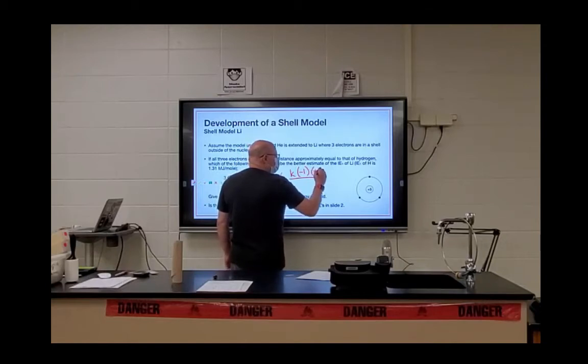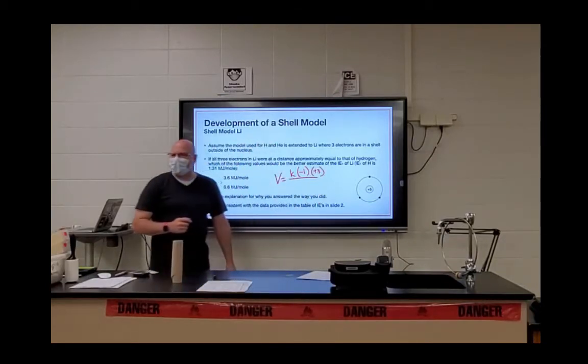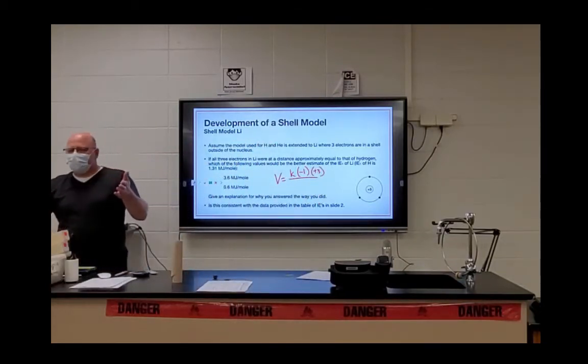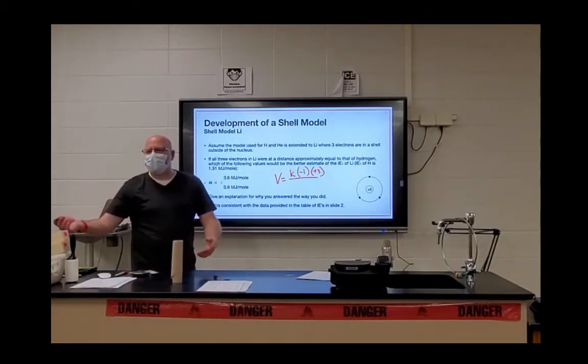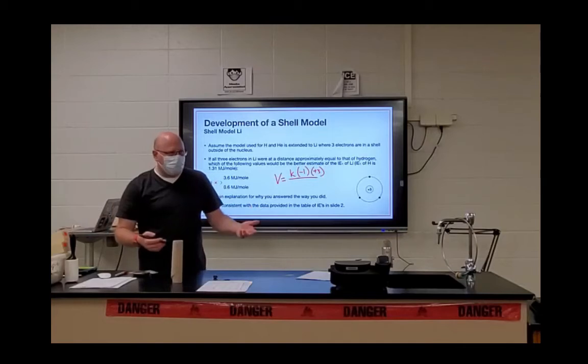But this time around it's +3. Between hydrogen and helium is a +1 to +2, which was how much change? A 1 to 2 is doing what? I'm doubling, right? Well, if I go from 1 to 3, what am I doing? I'm tripling it.